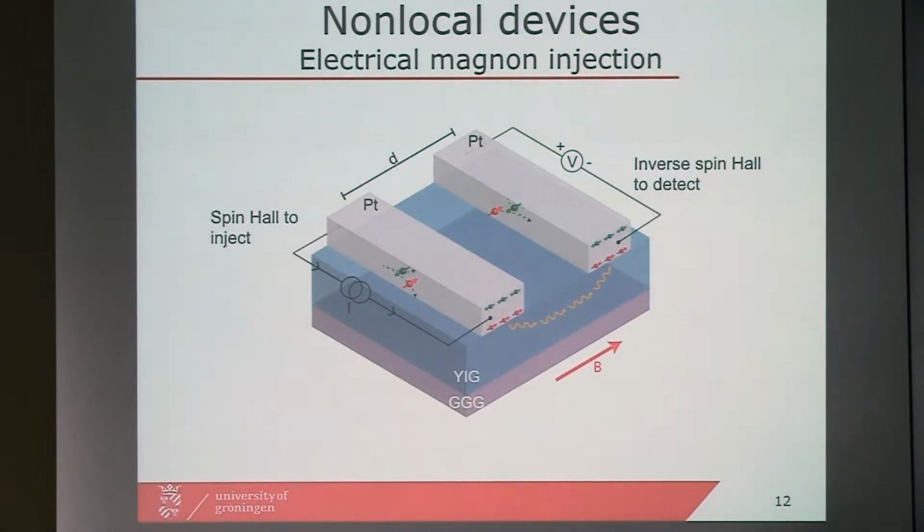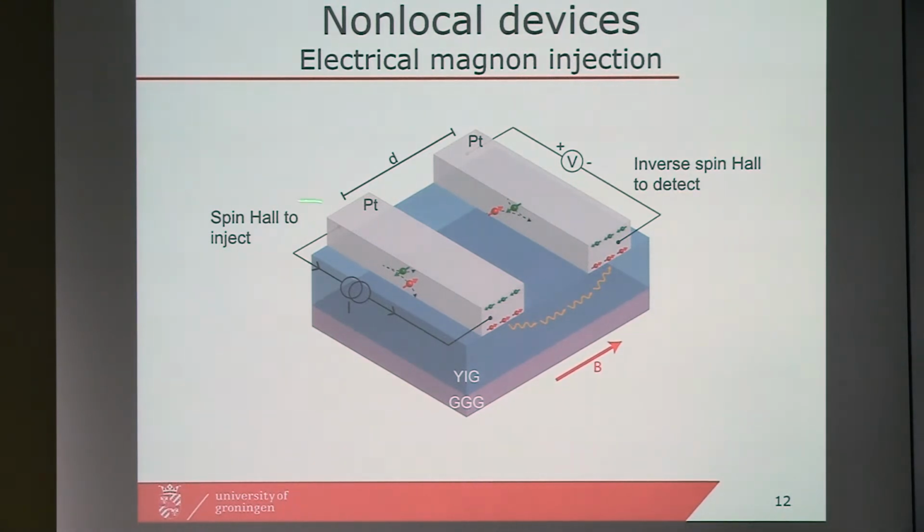So our actual geometry is a bit different because making such a sandwich turned out to be challenging. Instead we use a lateral geometry where we have an extended YIG film and we put two platinum contacts on top of that film. But the mechanism is still really the same.